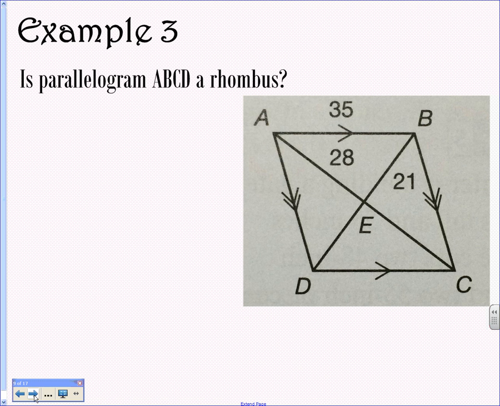Why, if it's a right triangle? You'd have to have a right angle to make the diagonals perpendicular. So figure out if it is a rhombus.